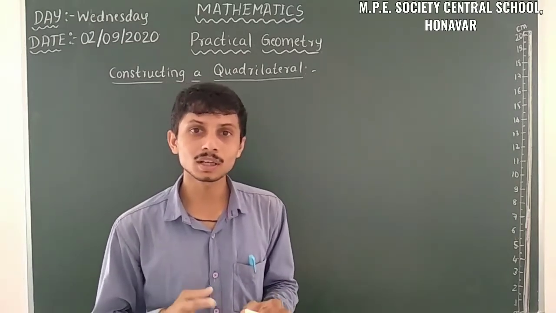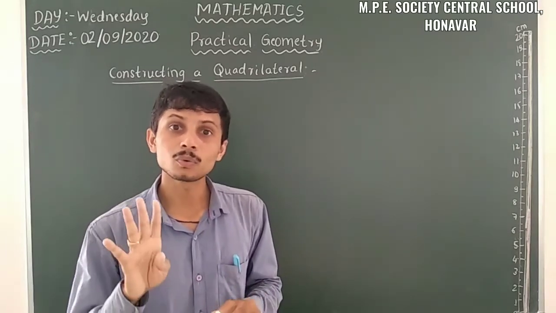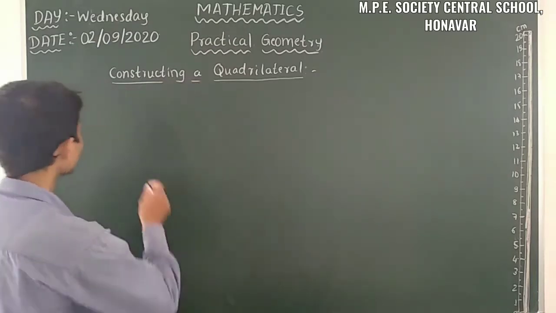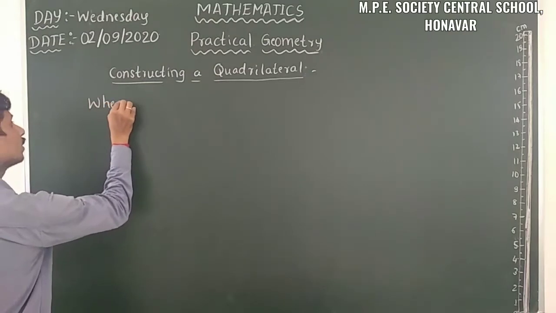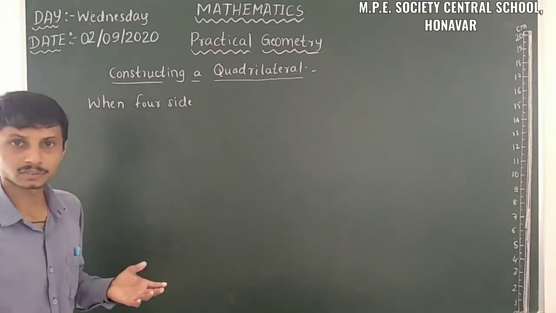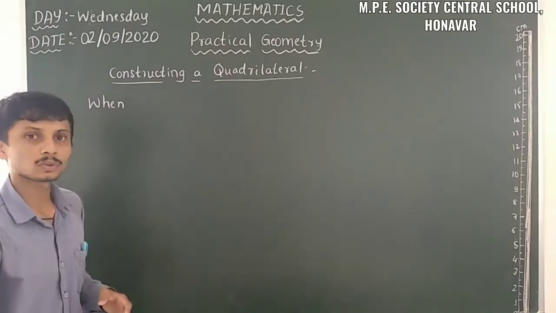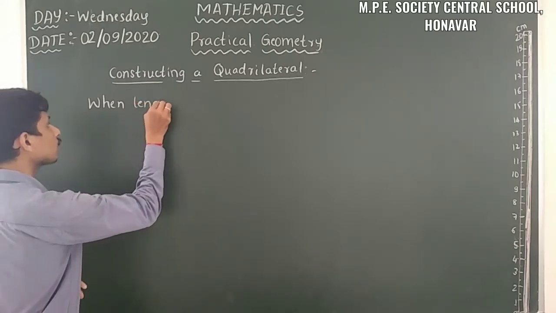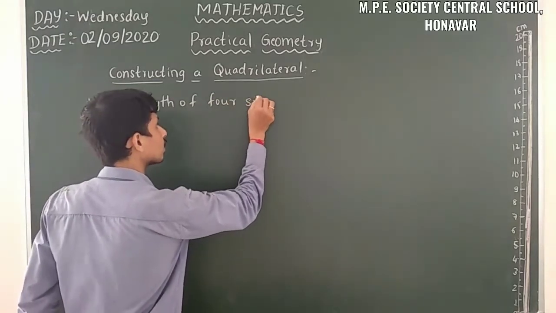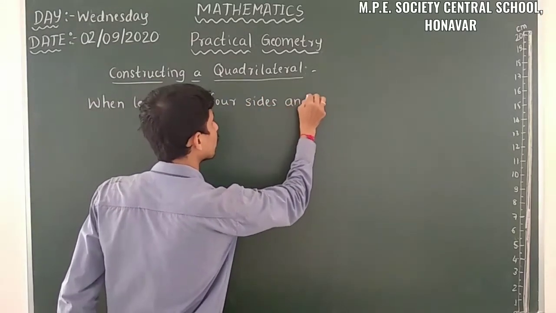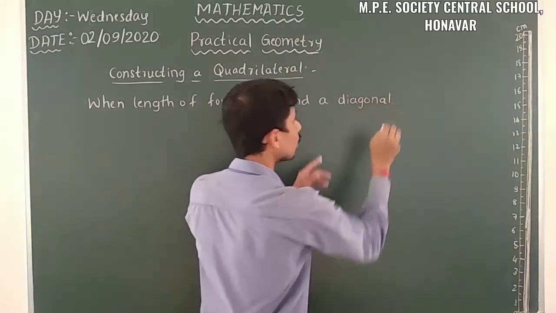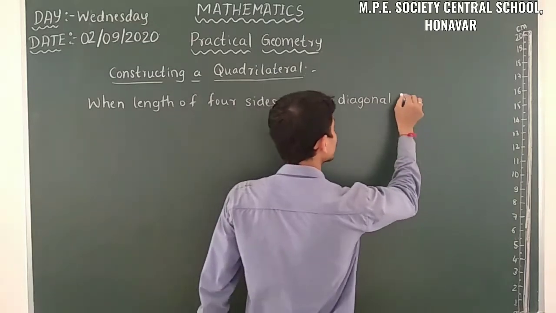Let us move on to constructing a quadrilateral when four sides and one diagonal are given. That is, the length of four sides and a diagonal; here only one diagonal is given.